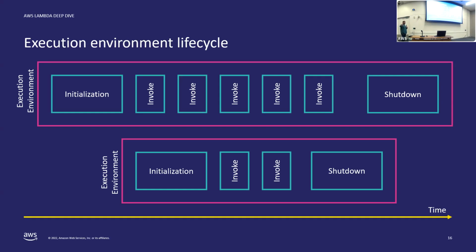That means you need more and more execution environments when requests come in. So the best practice is to make sure that the invoke box is as thin as possible, so that your execution is complete and that execution environment is available to pick up the next request. That way, cumulatively, your concurrency will go down.